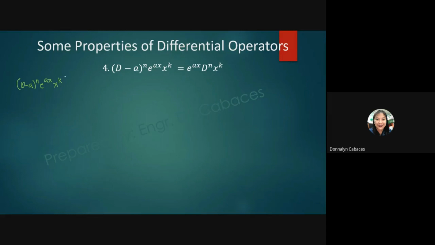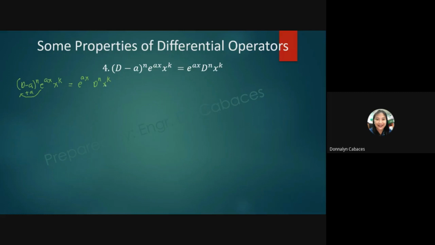So if we apply exponential shift, we want to shift e to the ax to the left. So again, we should be adding a. So plus a, therefore, this is simply equal to e to the ax, D to the n of x to the k.